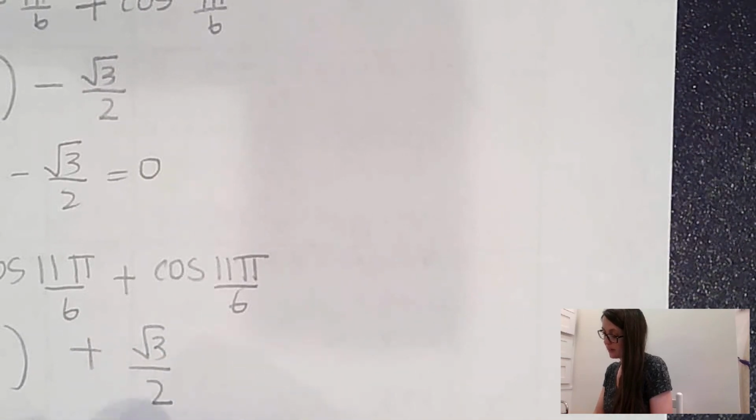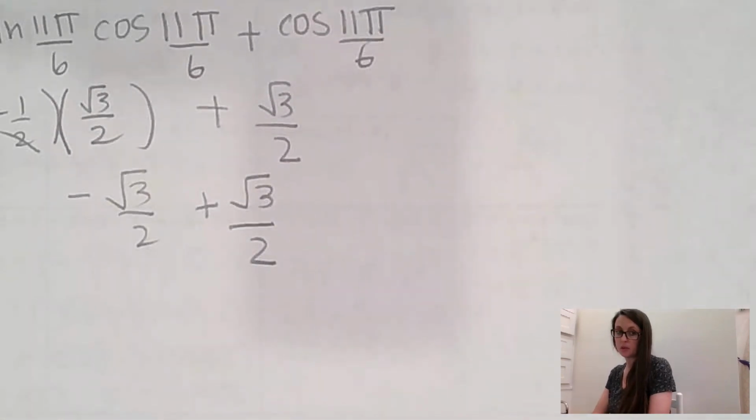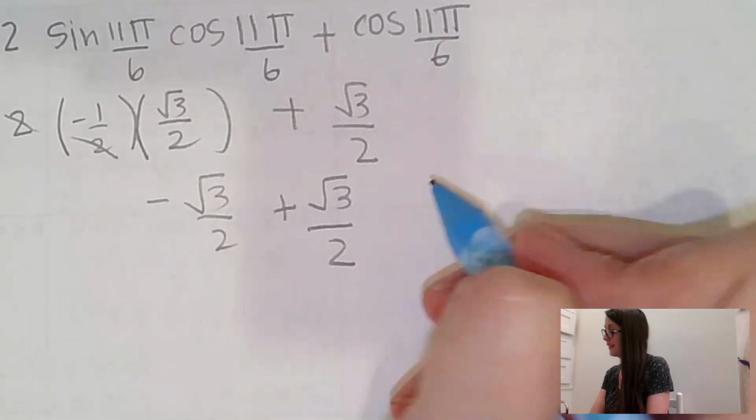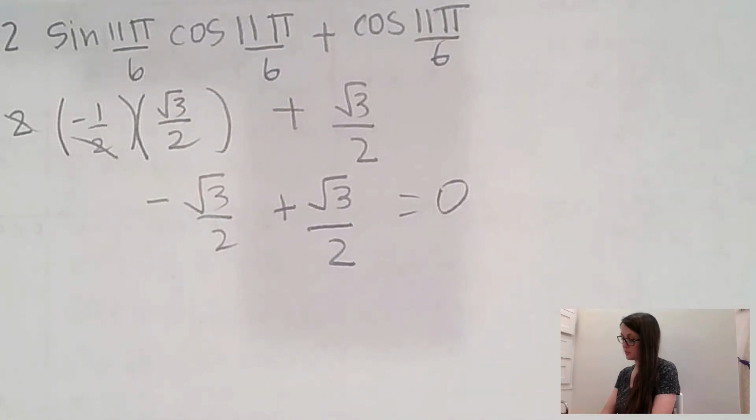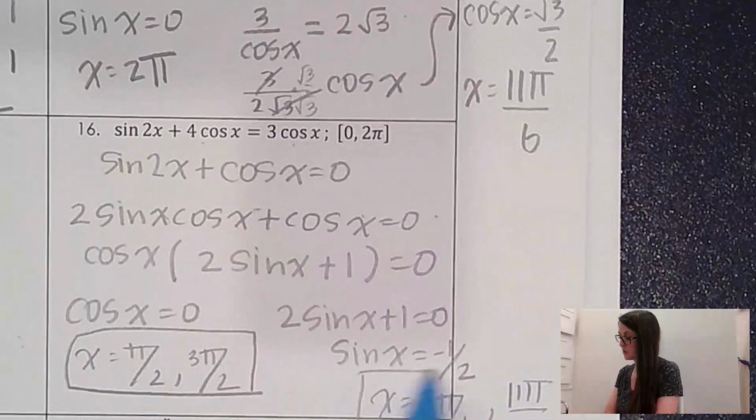So this will be negative square root of 3 over 2 plus square root of 3 over 2, and that gives you 0, which is good too. So all of those answers are going to be our solutions.